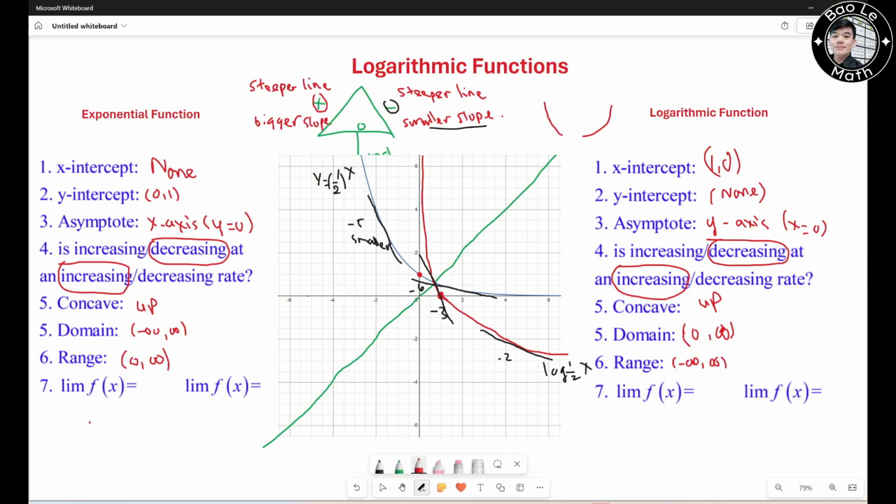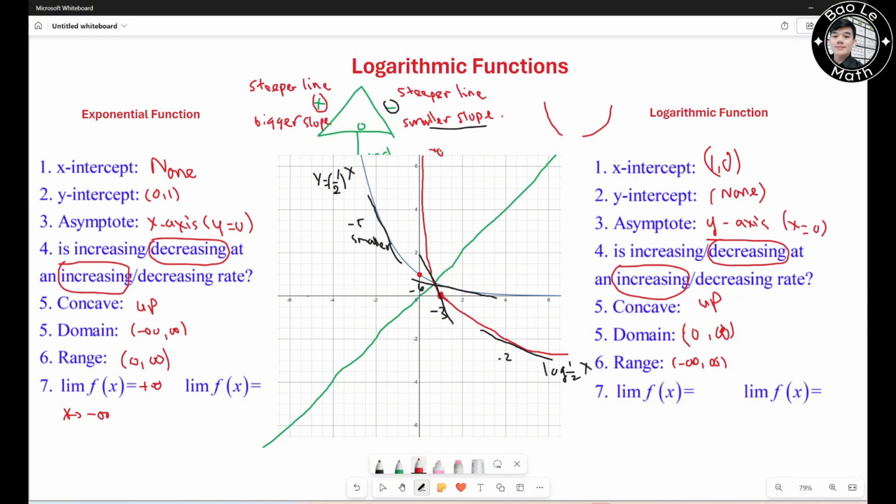Now the left limit and the right limit. So the left limit, look at the exponential function right here: the limit of f of x as x approaches -infinity is positive infinity, because the function is going up forever.